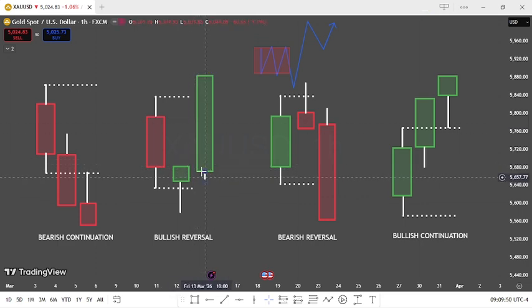I will take the trade because it is a high probability confirmation where a CRT forms inside a CRT. That is the third one.